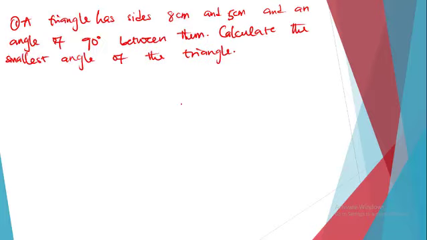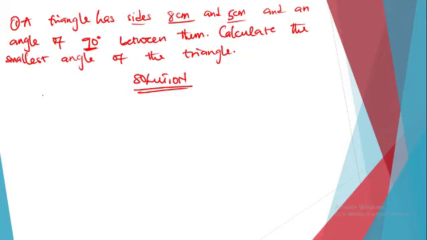Now I want us to take some examples in this part of trigonometry that has to do with acute angles. We have the first question on the screen. It says a triangle has sides 8 cm and 5 cm and an angle of 90 degrees between them, and the question is, calculate the smallest angle of the triangle. How do we determine the smallest angle in a given triangle?